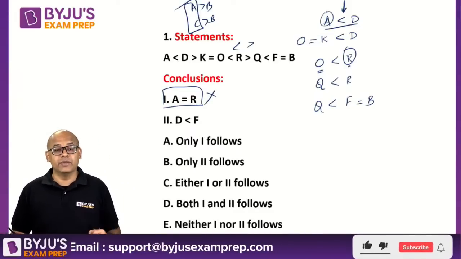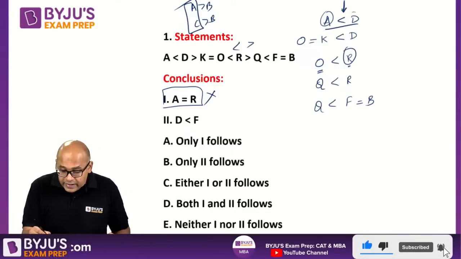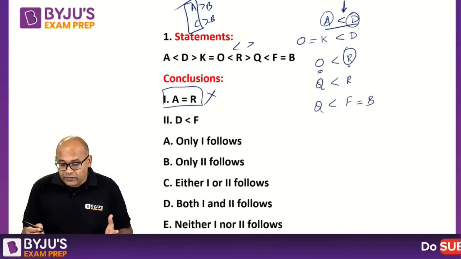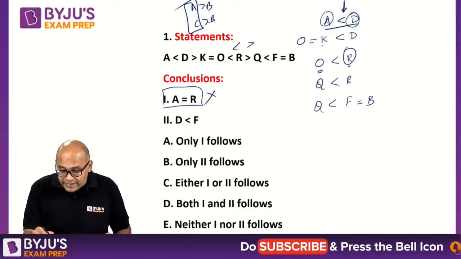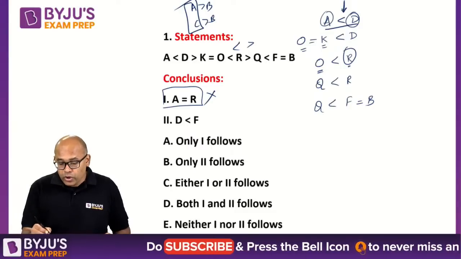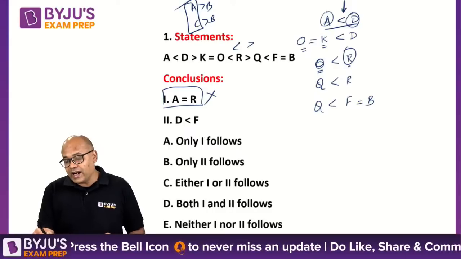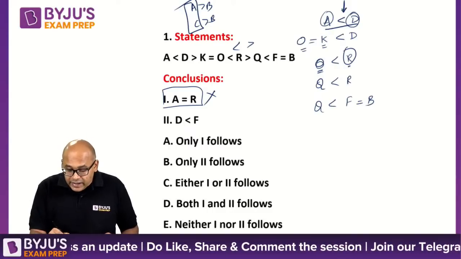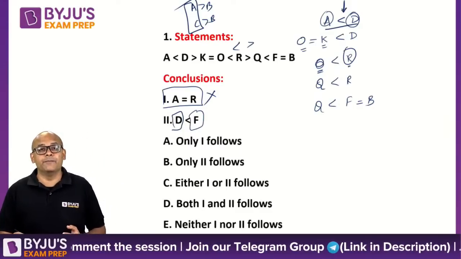This cannot be confirmed. Similarly, if you're looking at D and F, D is greater than A and R. So once again, what is the connection between D and F? You have D is greater than K, K is equal to O, but O is less than R. So O is less than R and R is greater than Q, or Q is less than R. Once again, D and F are disconnected. There are no direct linkages between them.